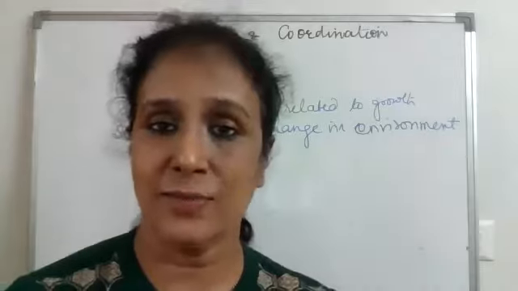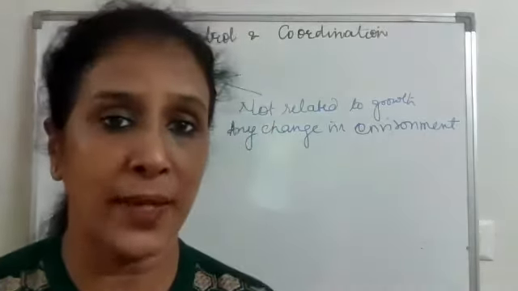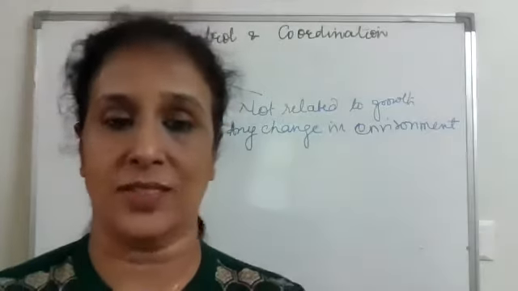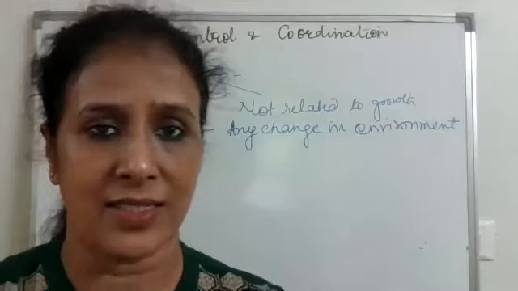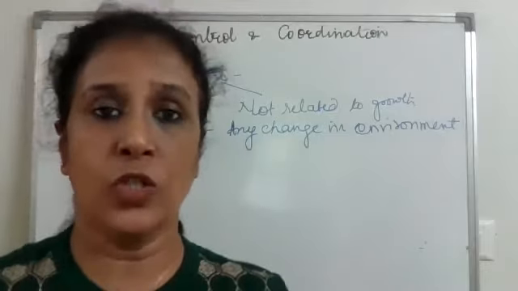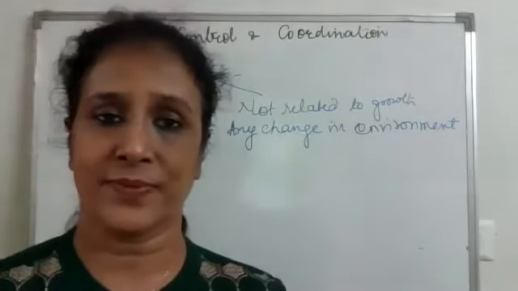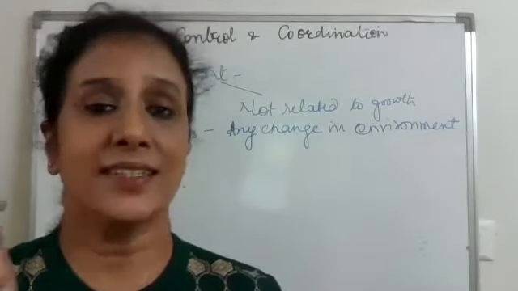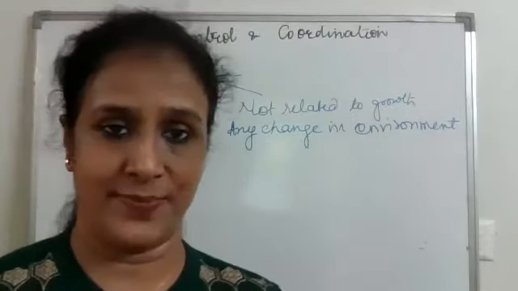Then our skeletal muscles prepare themselves for running. Our heart starts pumping, our blood circulation increases towards the skeletal muscles. So many functions are occurring simultaneously. Who is coordinating that? Who is preparing the body for that particular reaction, for that particular movement? It means there is a coordinating system in our body.